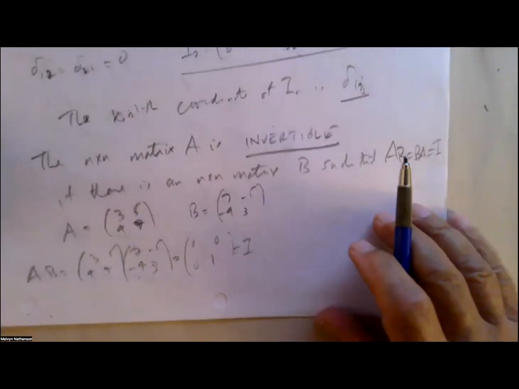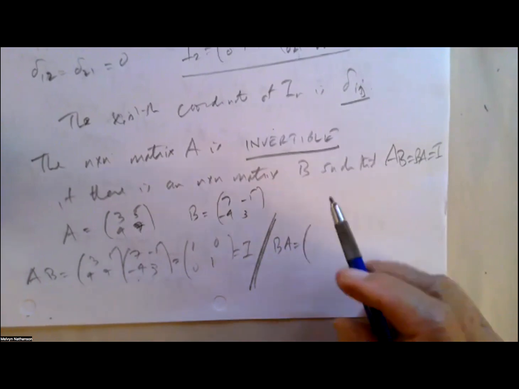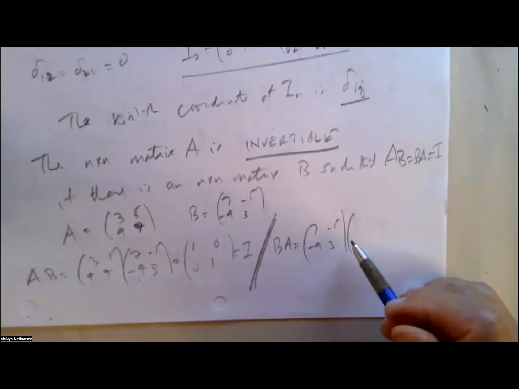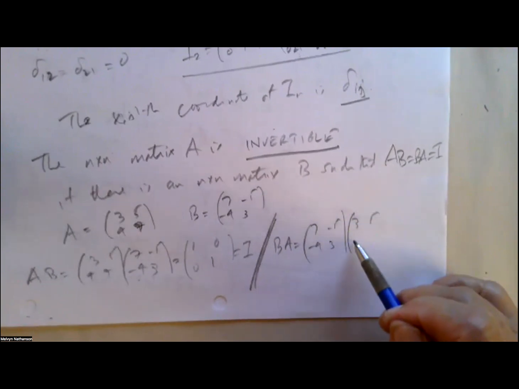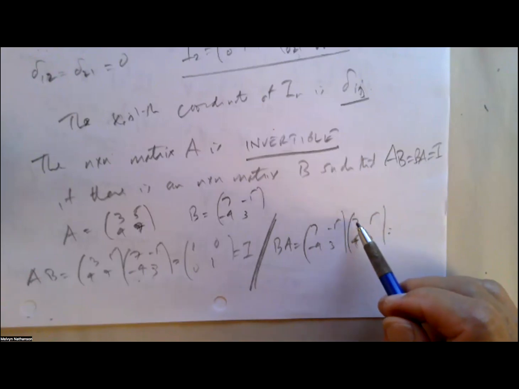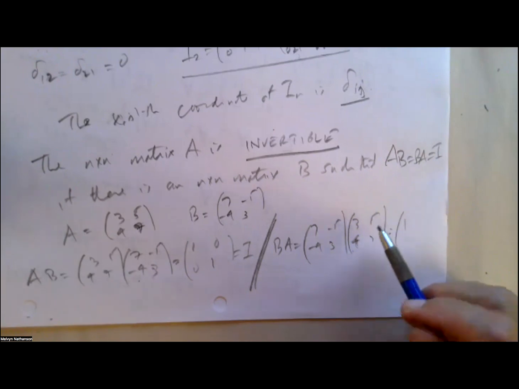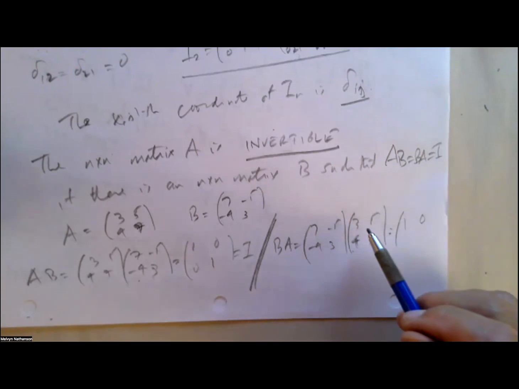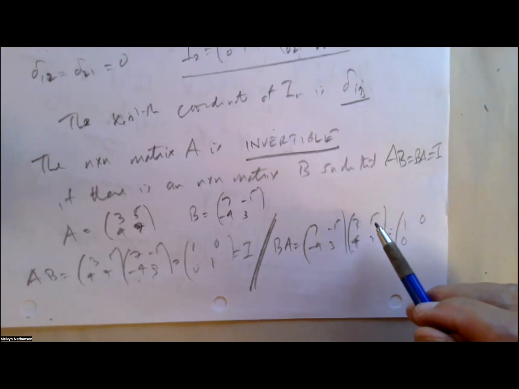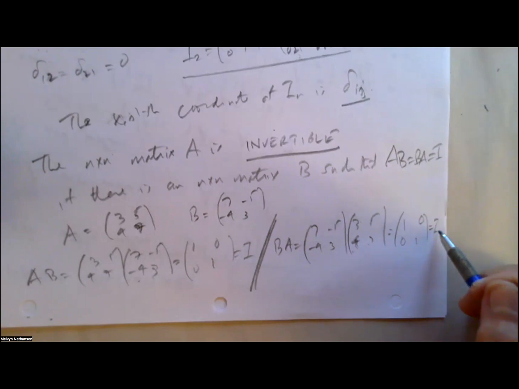And if I did the multiplication in the opposite order, B times A, [7, -5; -4, 3] times [3, 5; 4, 7], this is 21 minus 20, 35 minus 35, minus 12 plus 12, minus 20 plus 21. This is the identity again.